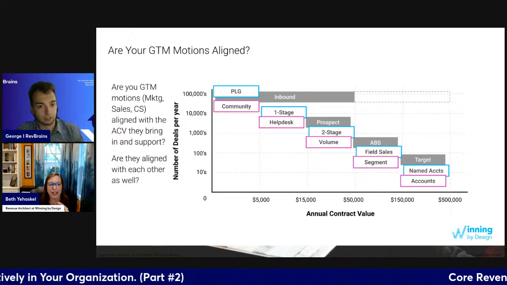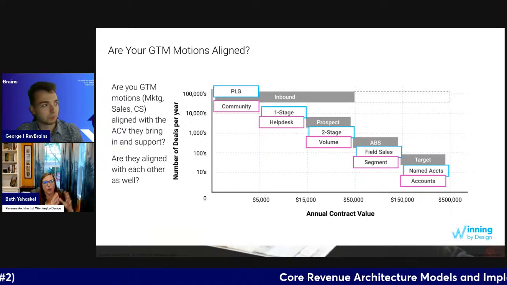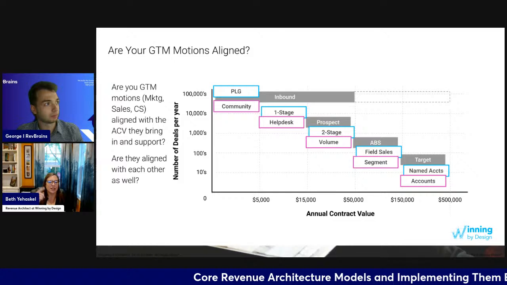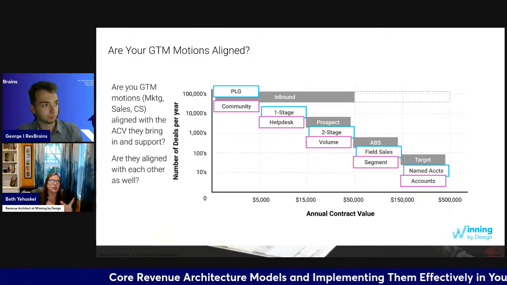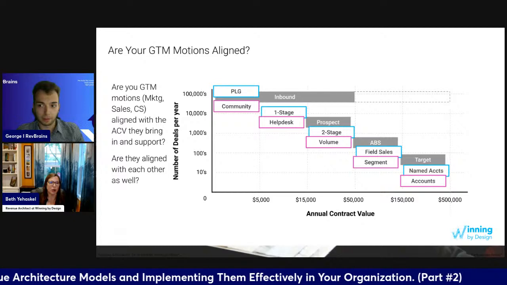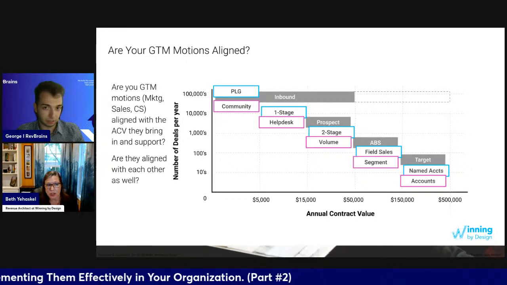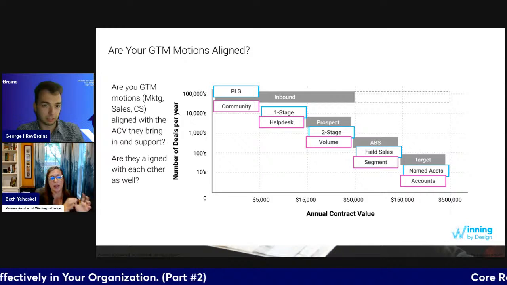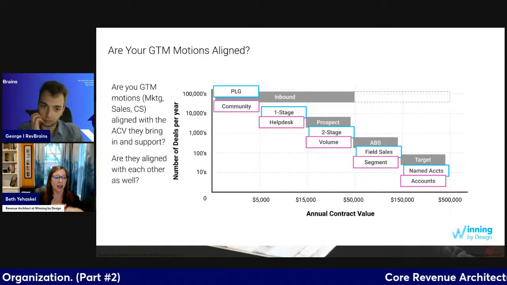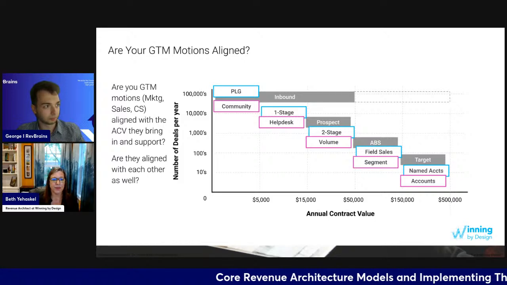Which is a really nice segue into this one, because one of the things that we talked about, once you have product market fit, the second real focus of the stages that we talked about a couple minutes ago is getting your go-to-market motion aligned. And when I say go-to-market motion, just to be clear, I mean the marketing, sales, customer success, and really RevOps things that go along with it that make you successful.